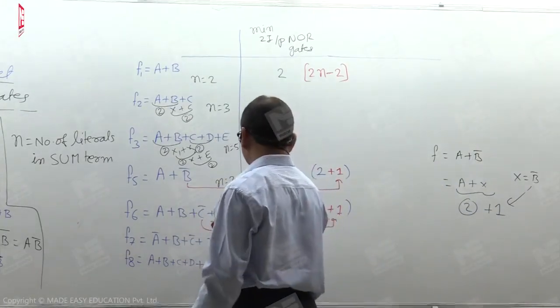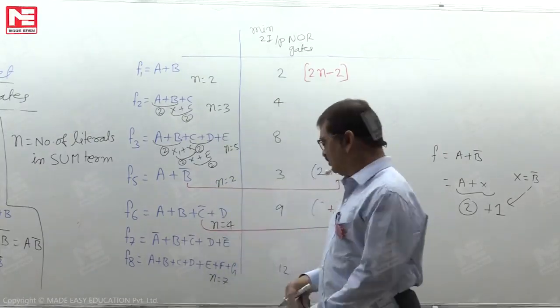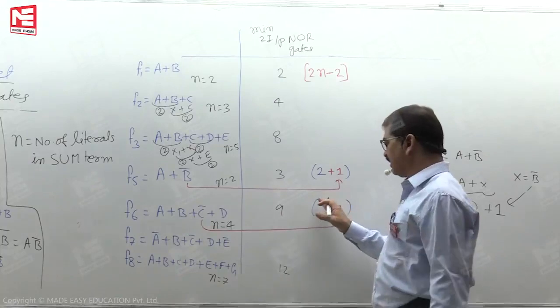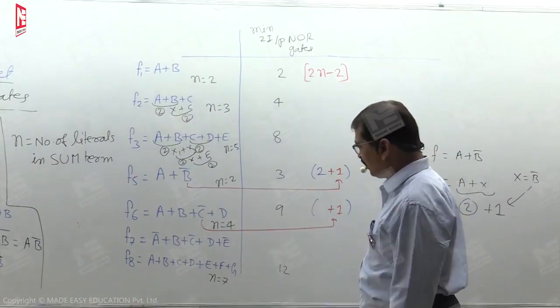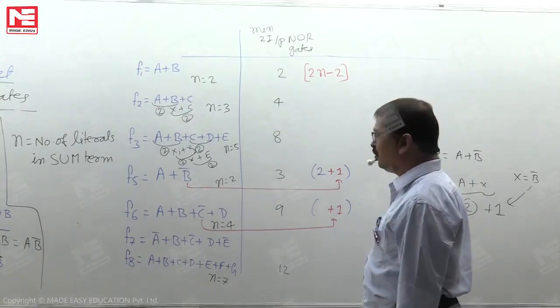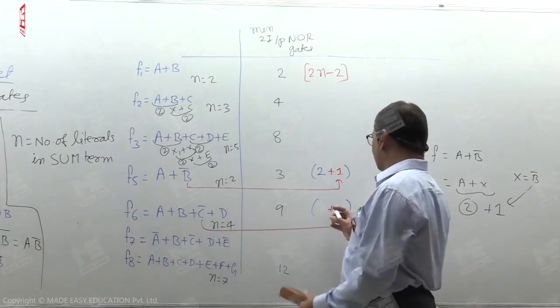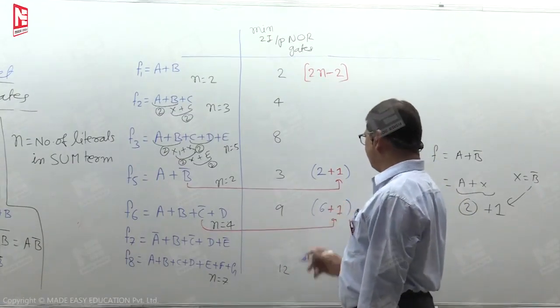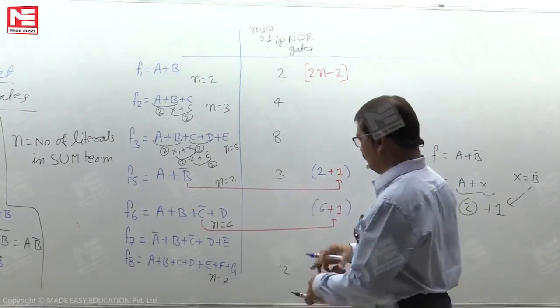If there is any such numerical mistake, I will just make a correction. N is 4. So 4 into 2 is 8, 8 minus 2, 6. So 6 plus 1, it is 7. The answer is 7.